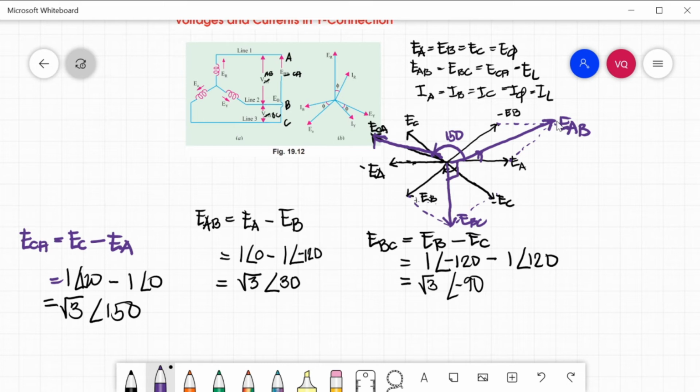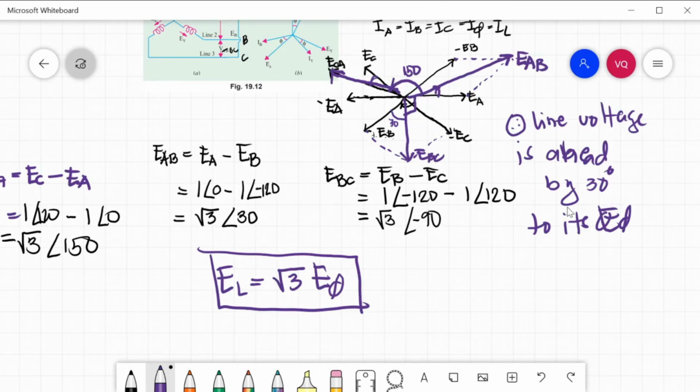EBC is ahead by 30 degrees with respect to EB. So where did we get this 30 degrees? This is 120 from the x-axis to EB, minus this one which is 90. So 120 minus 90 is 30 degrees.